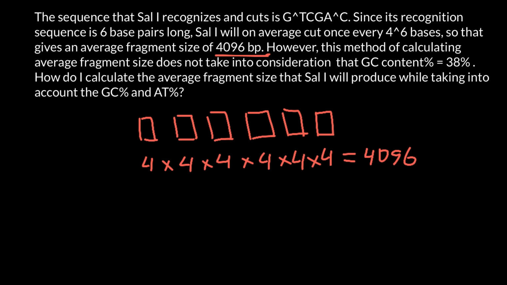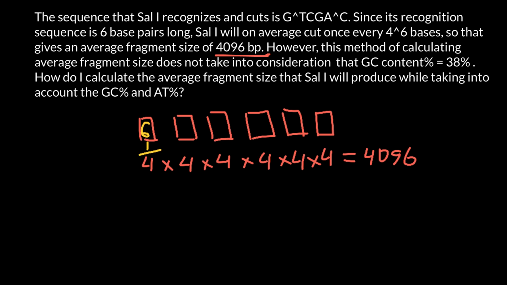4096. Or we also can say that the probability that in the first place we will find guanine would be 1/4.